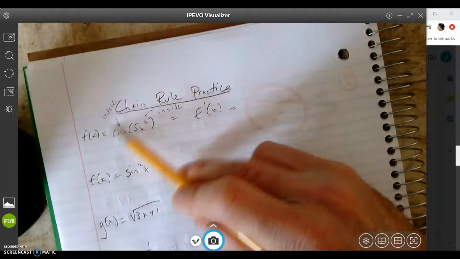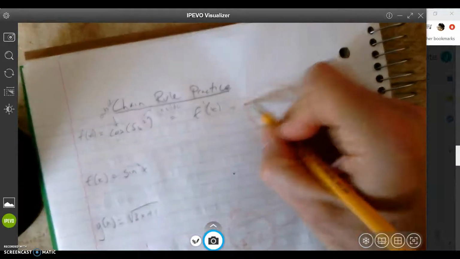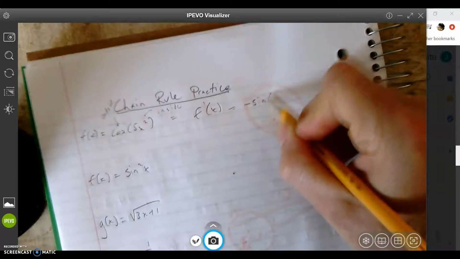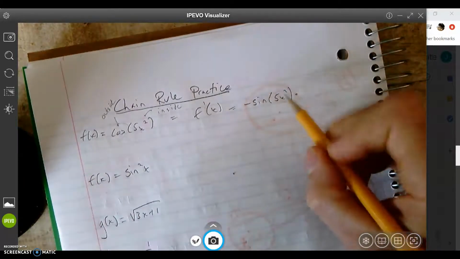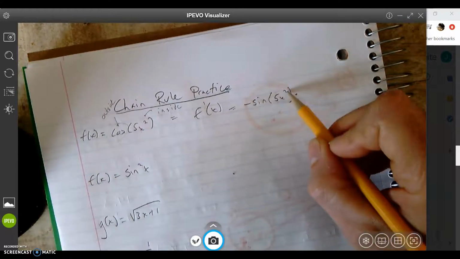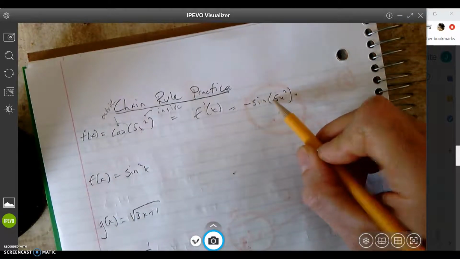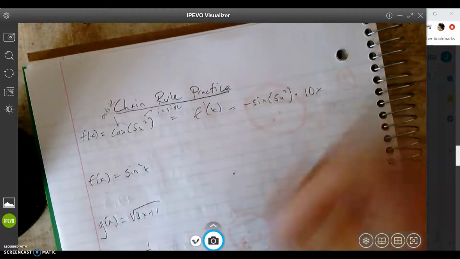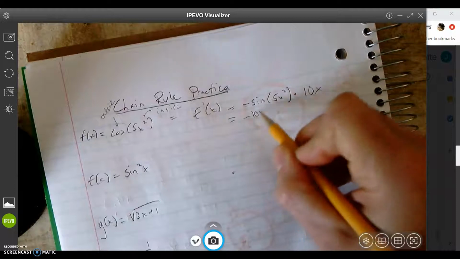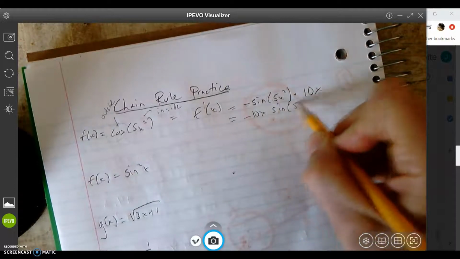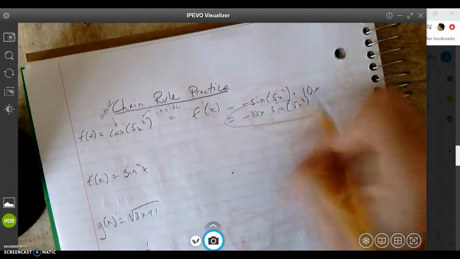So derivative of the outside, derivative of cosine is negative sine. Keep the inside, times derivative of the inside, which is 2 times 5, which is 10x. So if you want to clean that up a little bit, it'd be negative 1 times this, so it's negative 10x sine of 5x squared. Bam, and that is your derivative.